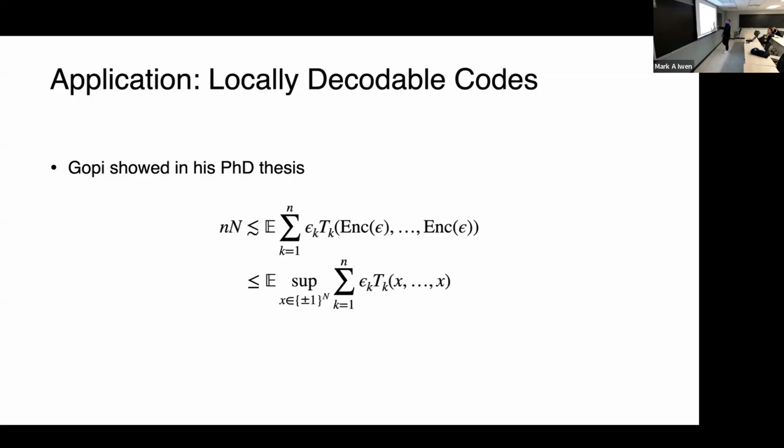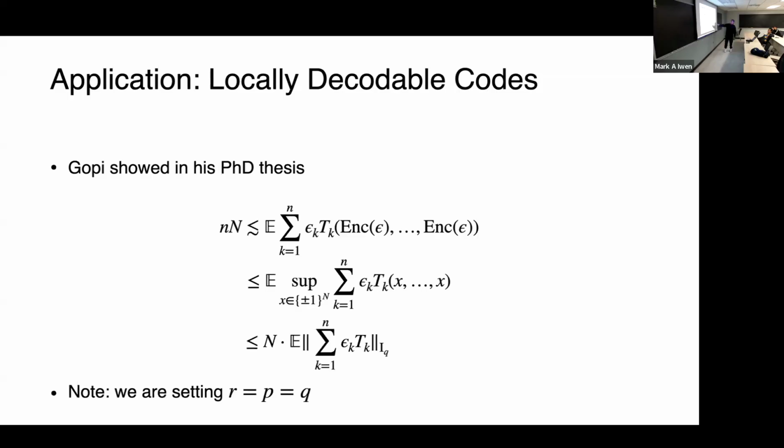And so what I can do is a very simple upper bound. I'm looking at this encoded message, so I upper bound it by the supremum over the corners of the appropriate hypercube. Then I normalize, multiplying and dividing by n, so each xk is an element of the LQ ball.